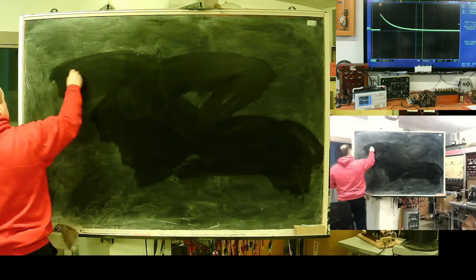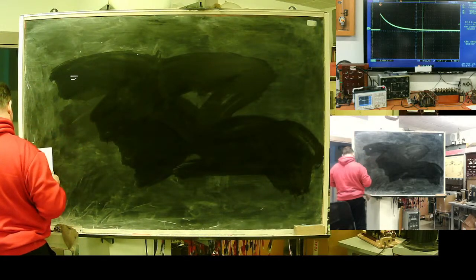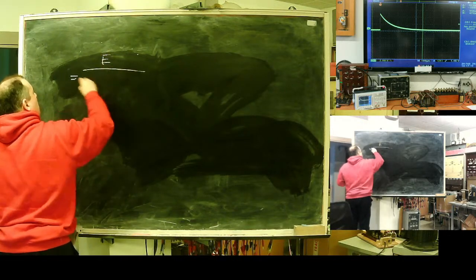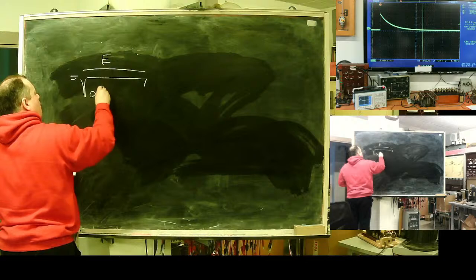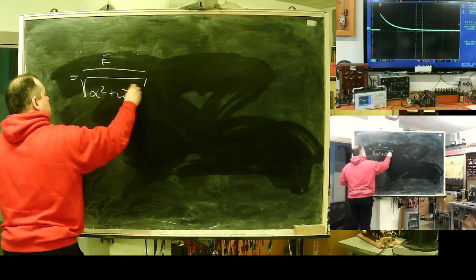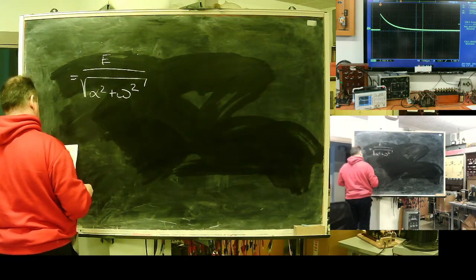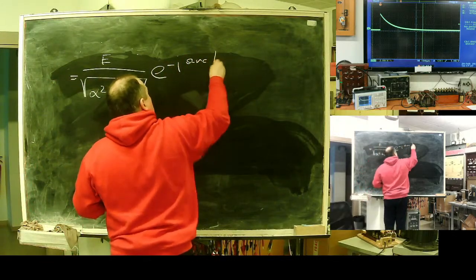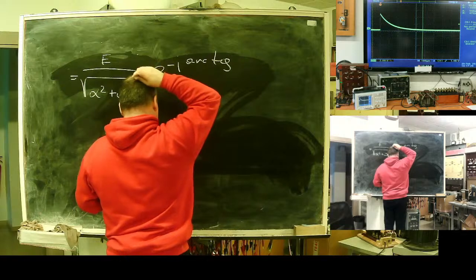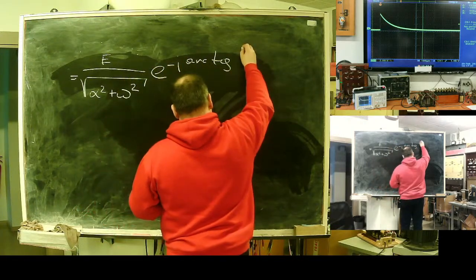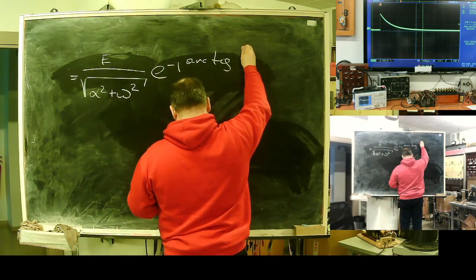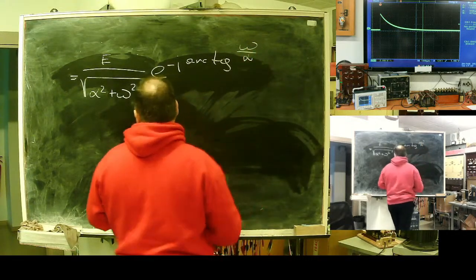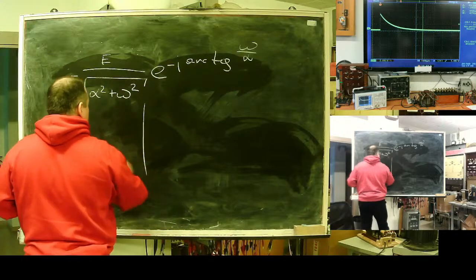I can write it as 1 divided by the square root of alpha squared plus omega squared, times e to the power of minus j arc tangent of omega divided by alpha.